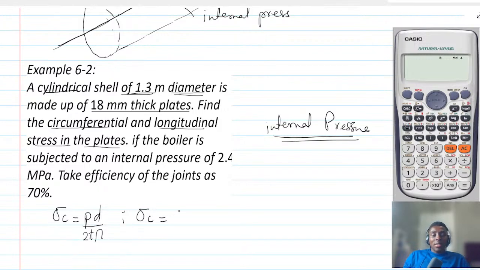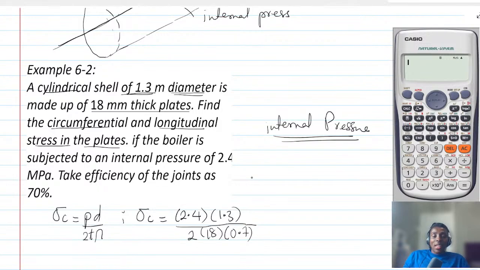So essentially 2.4 megapascals, multiplied by the diameter, divided by 2 multiplied by the thickness. That's all. This is the actual formula, but when you are given the efficiency, then you bring the efficiency downwards, which is 0.7, the same as 70%.